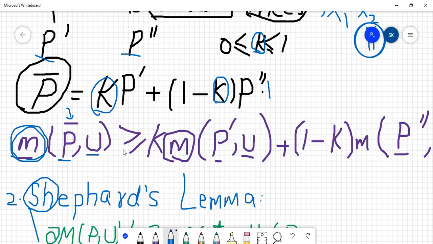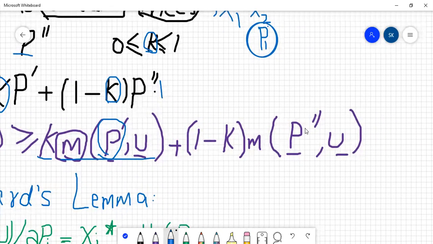Now, this is greater than the constant K times the same function with the first price vector, plus 1 minus K times the expenditure function with the second price vector and the utility of the consumer.